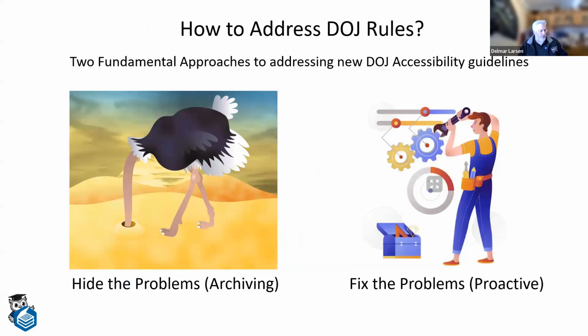So just as a reminder, there are two ways that we can address inaccessible content as faculty or as campuses. One is to archive, which is technically to take the content and take it out of circulation as a primary resource to be used in your classroom.